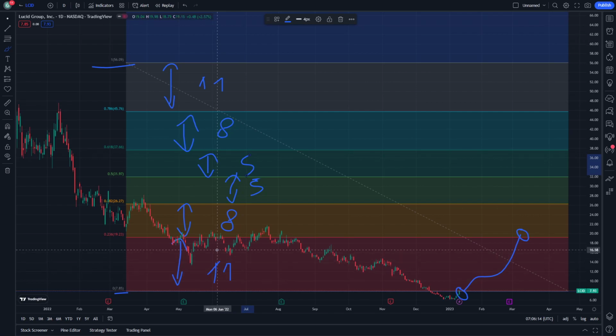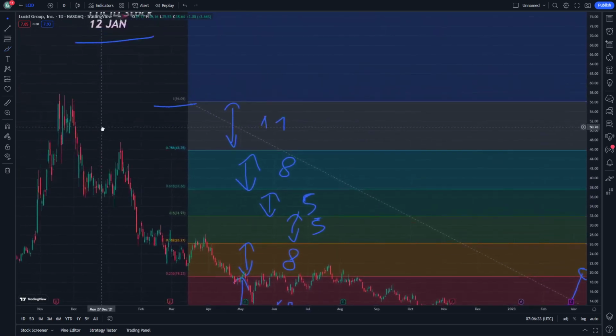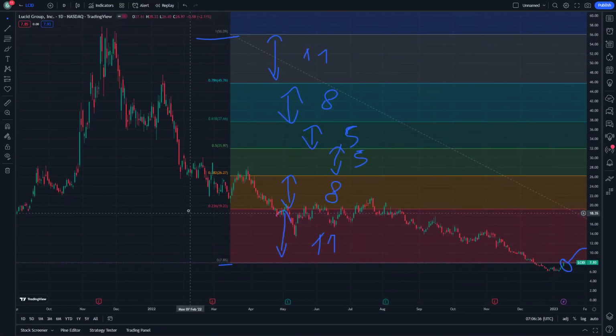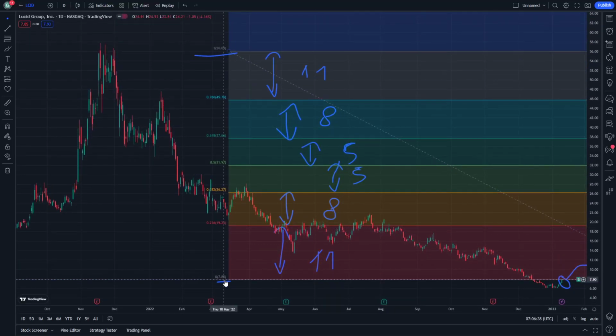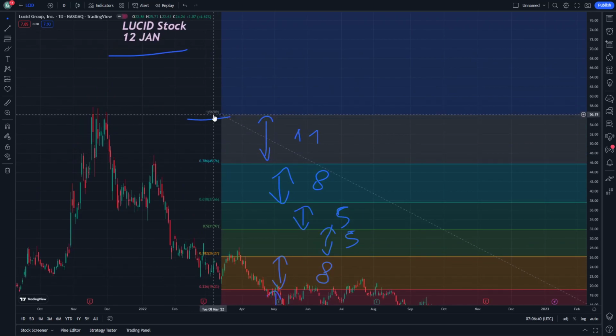11 multiplied by 2, 8 multiplied by 2, and 5 multiplied by 2, or in another way, 11 plus 11 plus 8 plus 8 plus 5 plus 5. It gives you the value that we have subtracted, 8 subtracted from 56, which gives about 48.